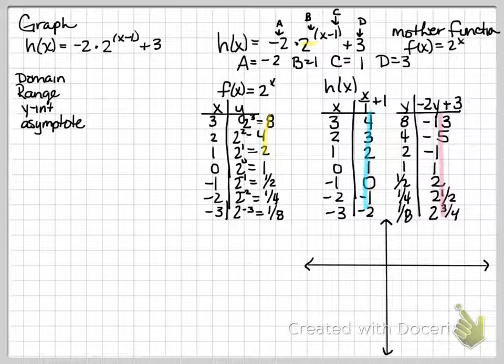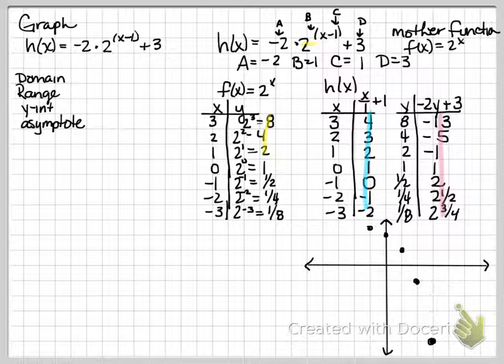So if I go to 3, negative 5, I'm right here. 2, negative 1, 1, 1, 0, 2, negative 1, 2.5, and negative 2, 2 3/4.